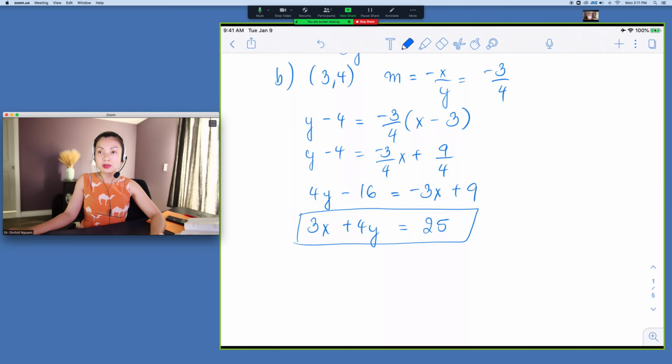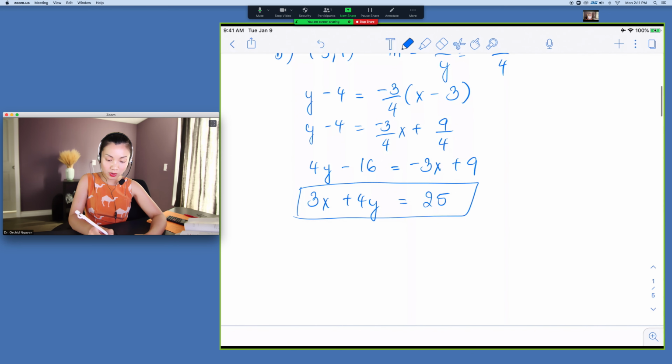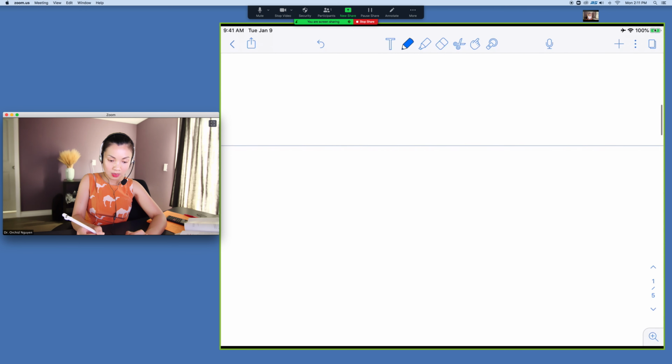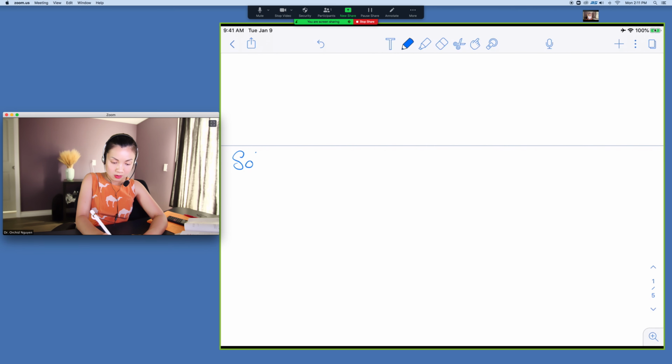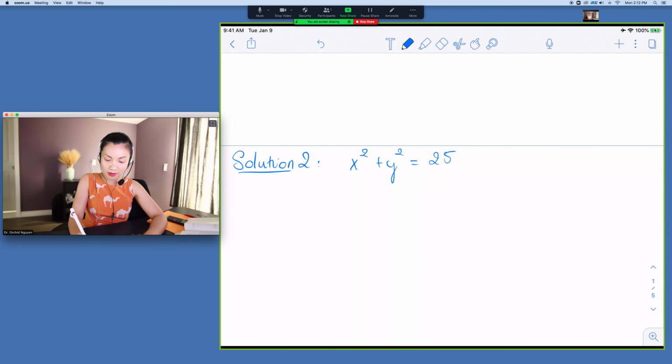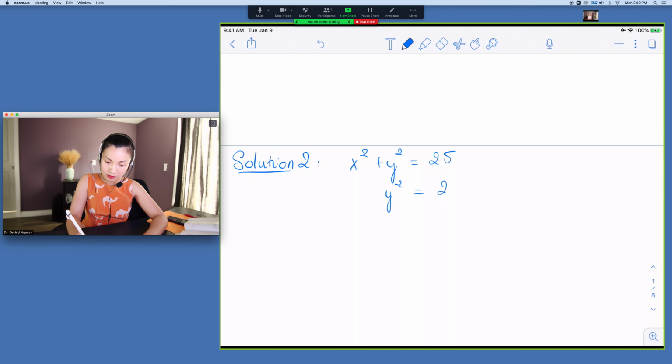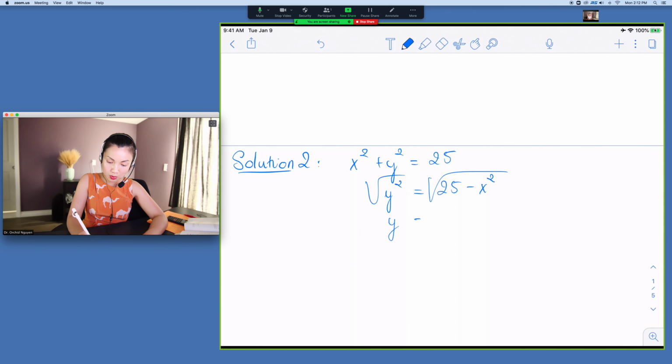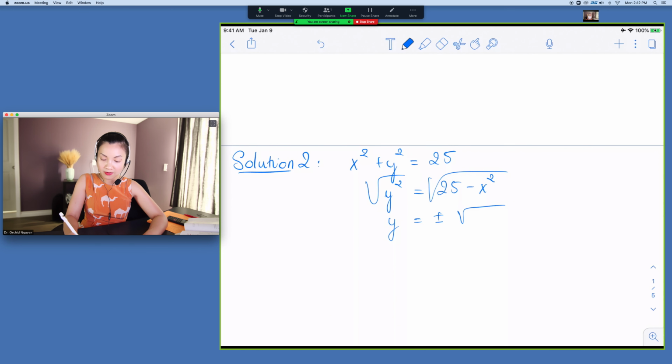So I'm going to solve the equation. x squared plus y squared equals 25, so y squared equals 25 minus x squared. Taking the square root, I end up with plus or minus the square root of 25 minus x squared.